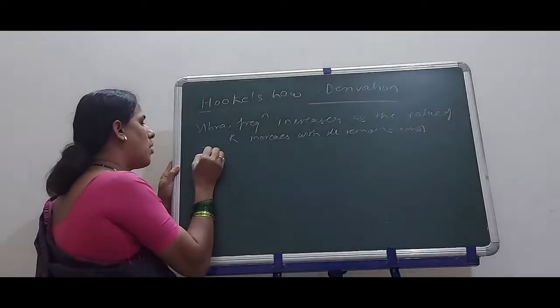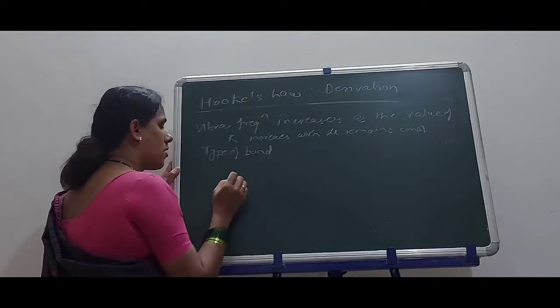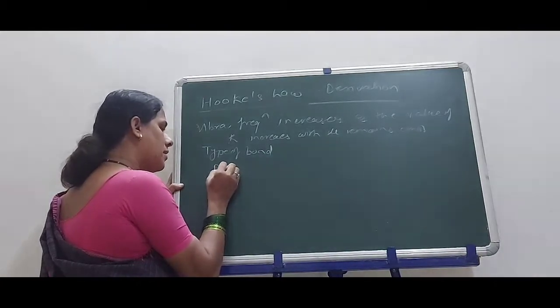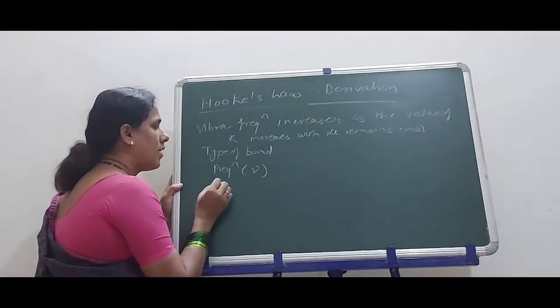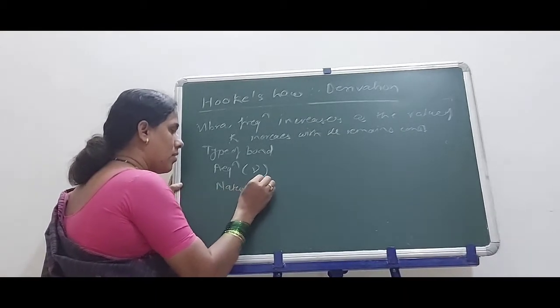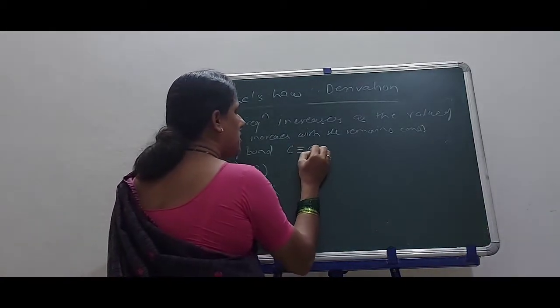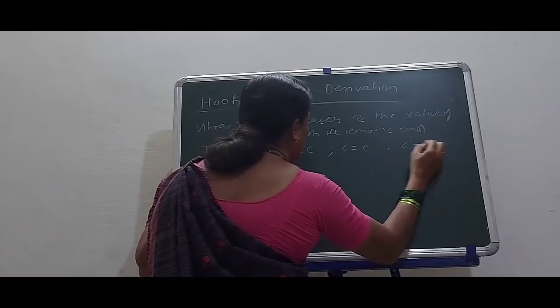Here, type of bond, then frequency, that is wave number, and here nature of K. Type of bonds, yes: C triple bond C, C double bond C, and C single bond C.